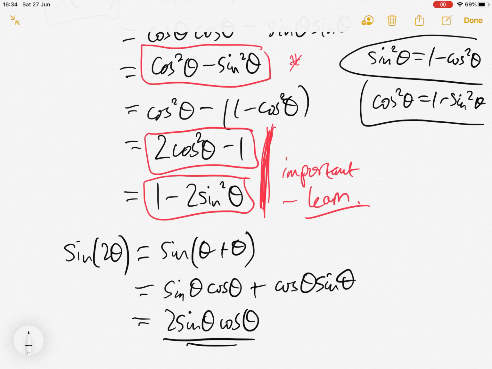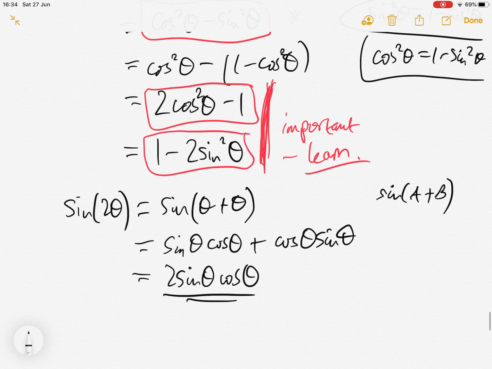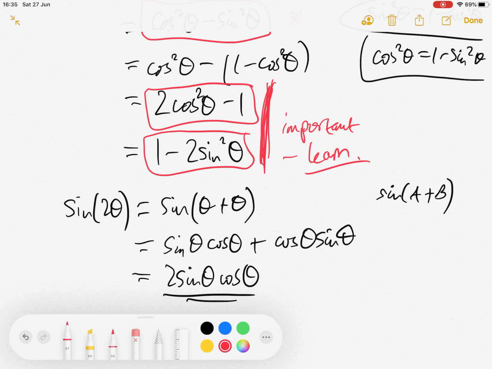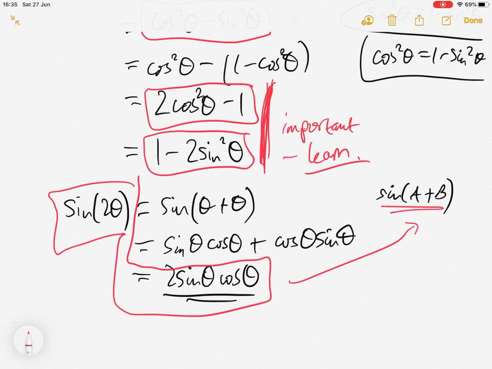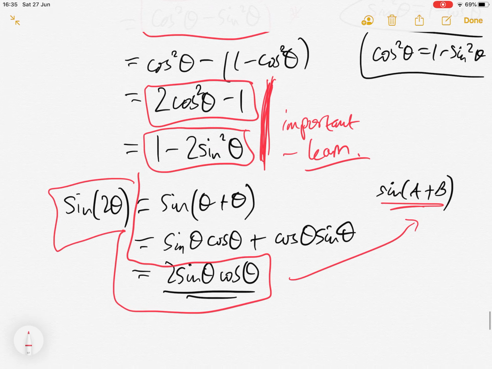Again, this second line just comes from the sine A plus B formula, where A and B are both theta. So again, this formula here is another one that it helps to recall quickly, so you might like to learn it. But if you forget it, you can always very quickly work it out from the sine A plus B formula.